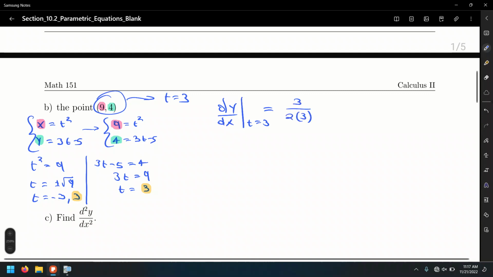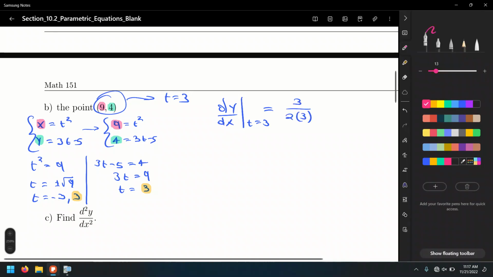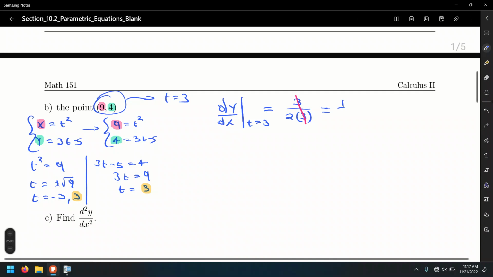Well, t equals 3. We may cancel these 3's, and the final answer here is 1/2. So that's the slope along this set of parametric equations at the point (9, 4), which corresponds to t equals 3.